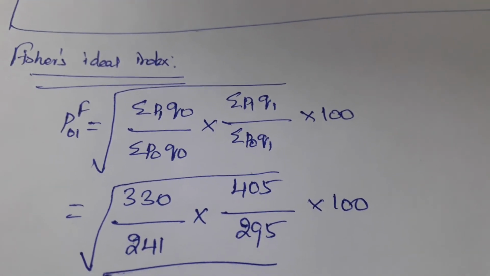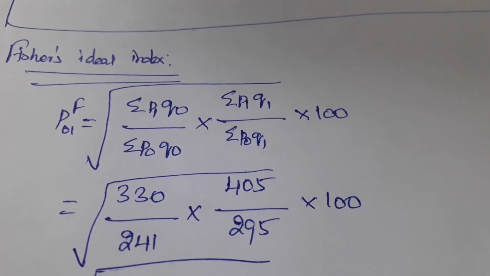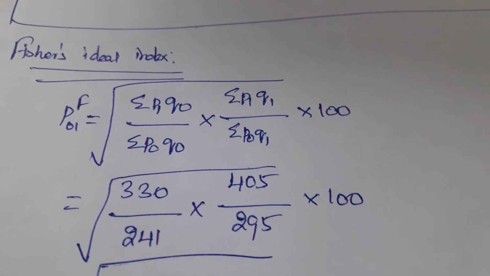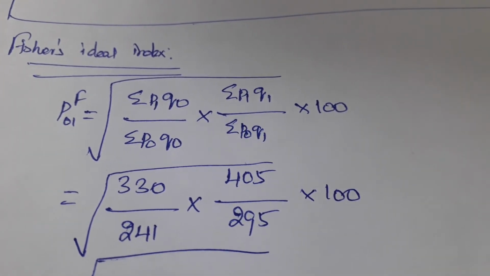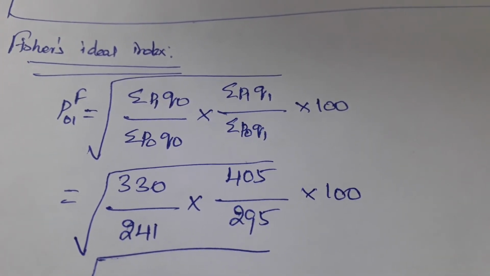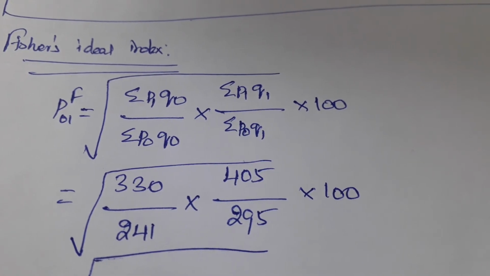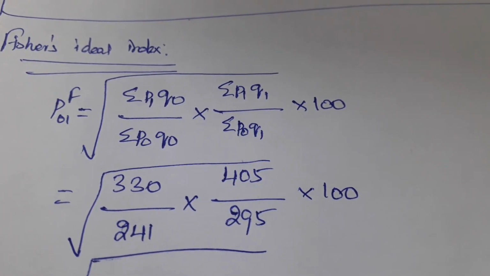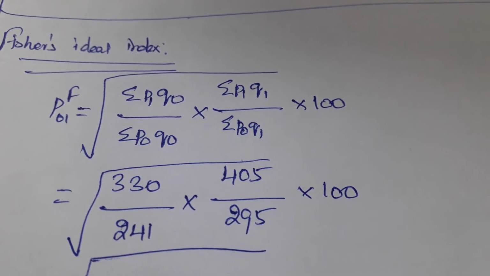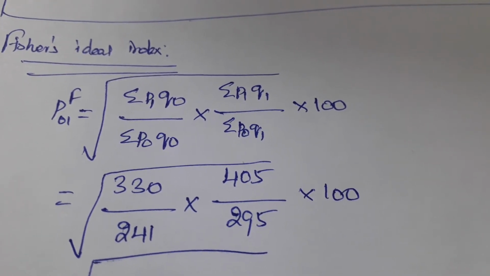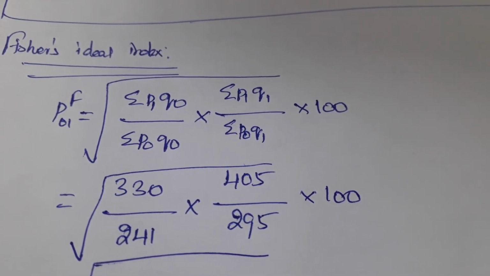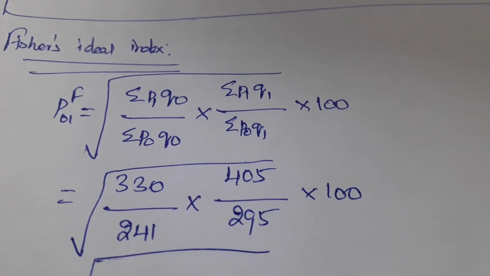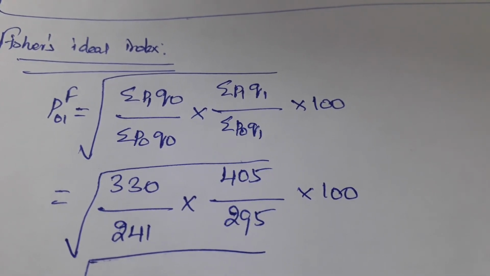So how do we write down the formula? First we have to write the summation of P1 Q0 over summation of P0 Q0, and summation of P1 Q1 over summation of P0 Q1. Base year quantity is denoted as Q0, and current year quantity is denoted as Q1.